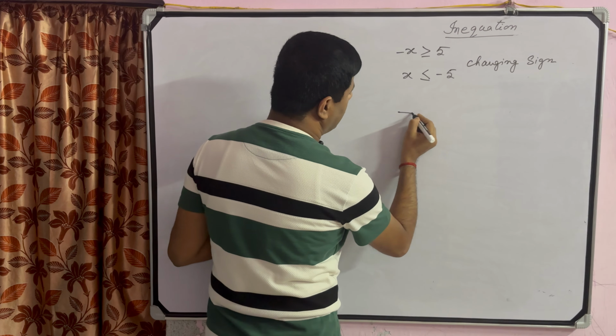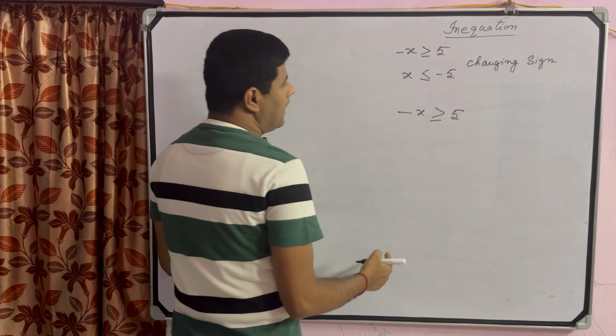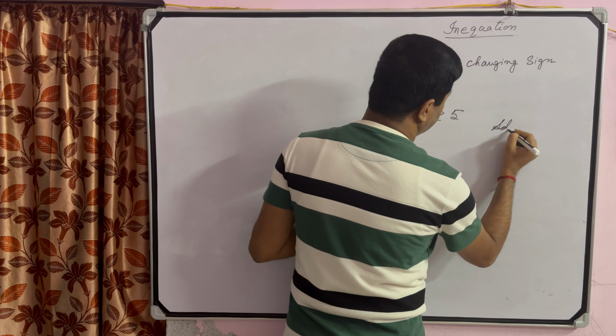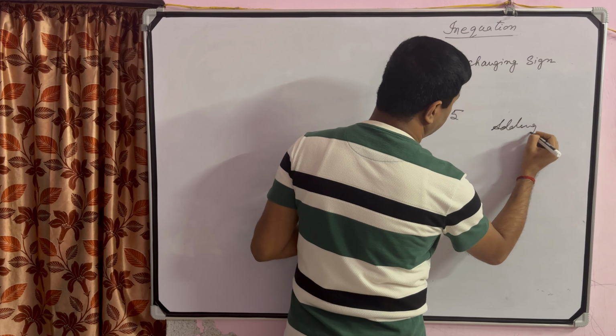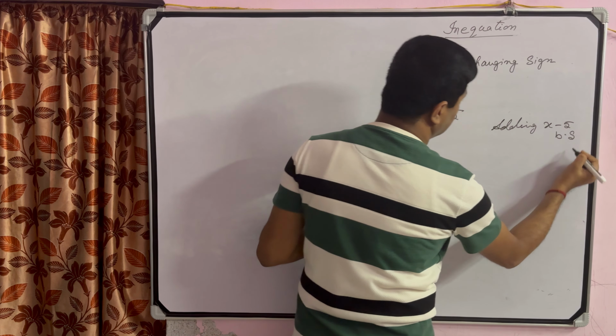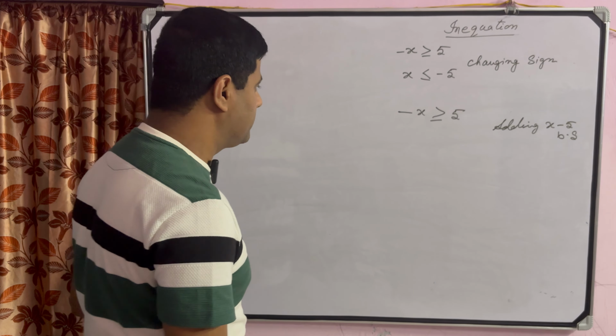So suppose it is minus x is greater than equals to 5, okay, and I need this positive. So what I'm doing, I'm adding x minus 5 both sides. So what will happen by adding x minus 5 both sides? Let's check.